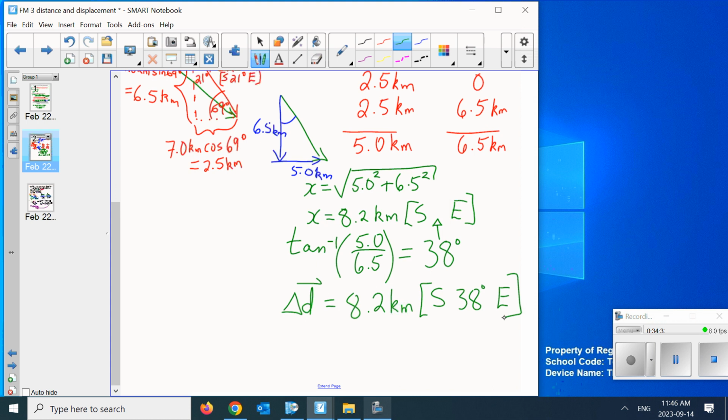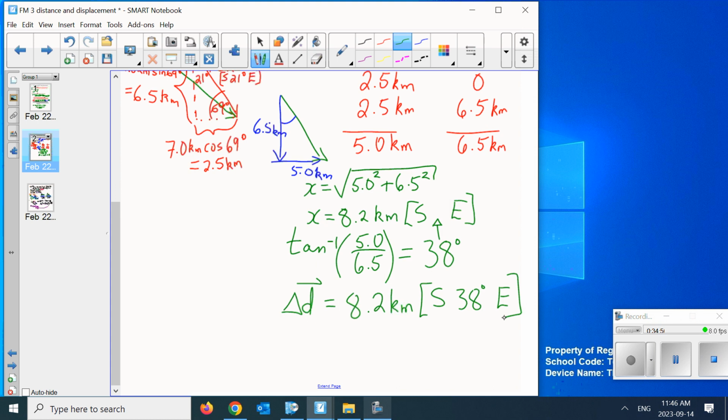So if your displacement was 8.2 kilometers south, 38 degrees east, what's your position from that starting point? It happens to be the same right now because the starting point we're considering 0.